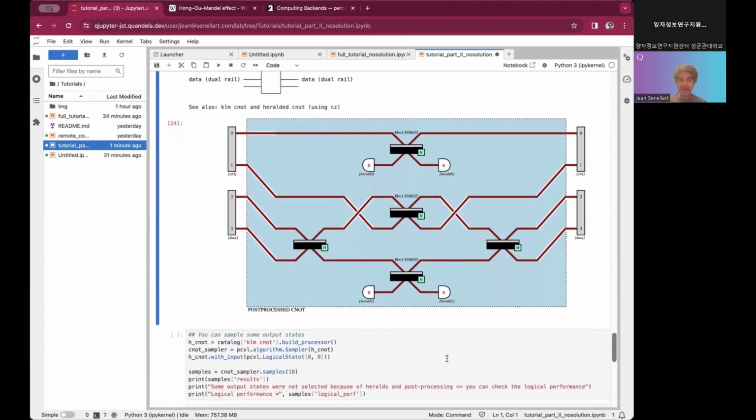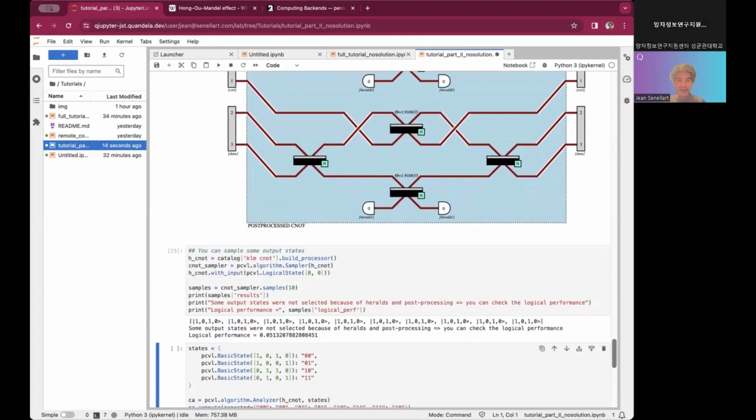So there is some kind of black magic behind. You are doing sampling, maybe you get 10,000 samples out of 1 million, because all the other samples will be post-filtered by Perceval, which will check that the heralding pattern is correct.